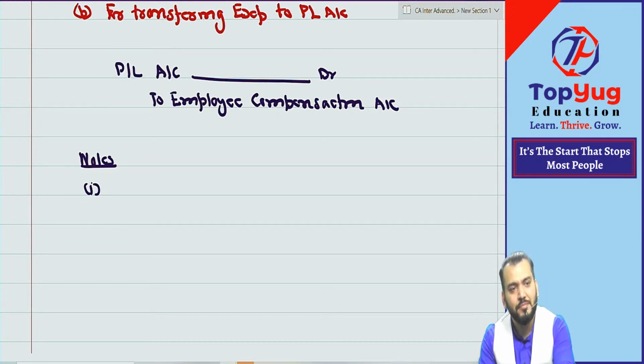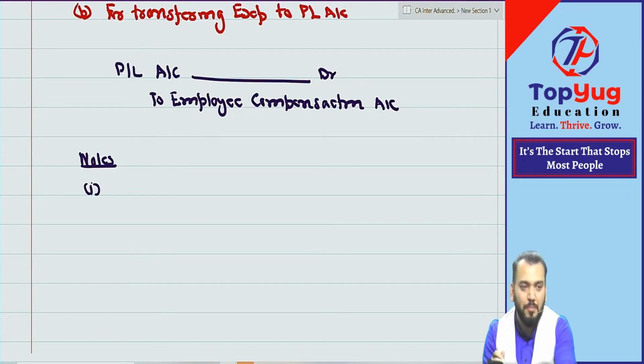In group 1 there was one chapter, framework for the preparation and presentation of financial statements, in which the definition of liability is given. Have you done that chapter?